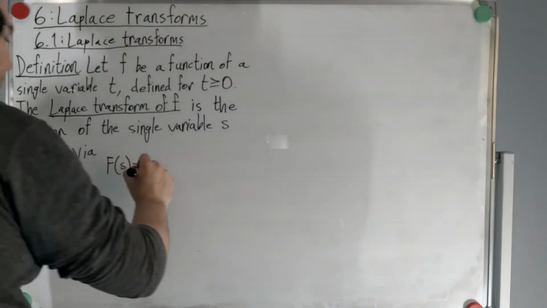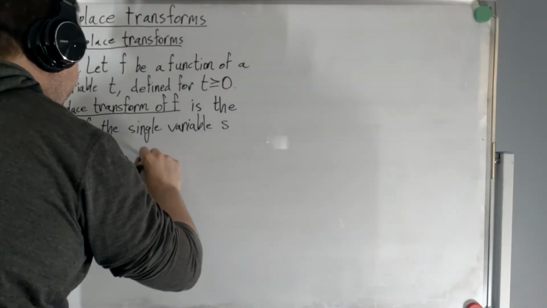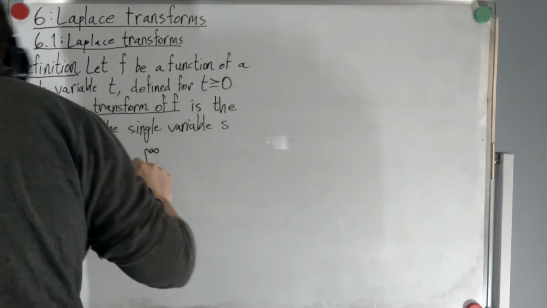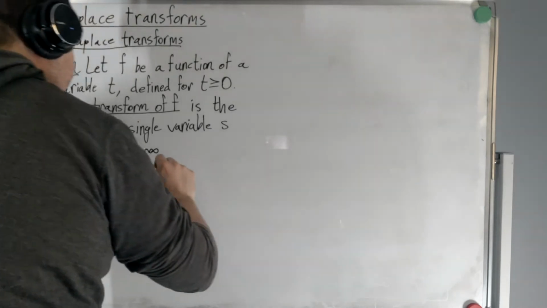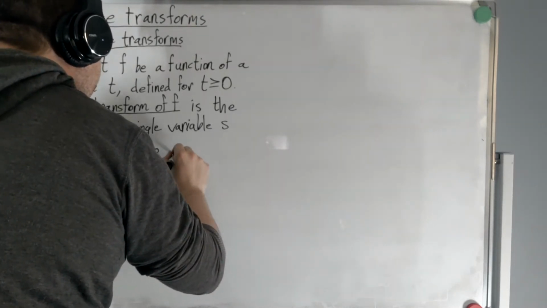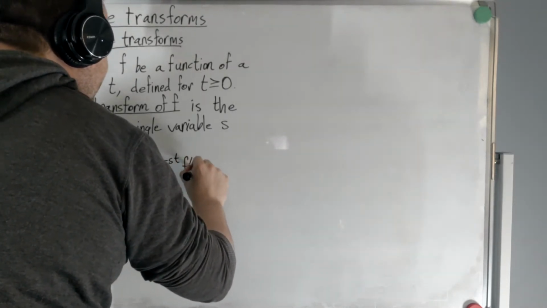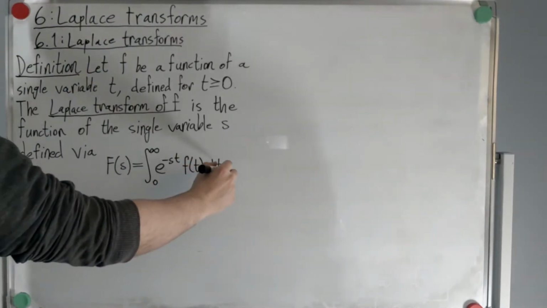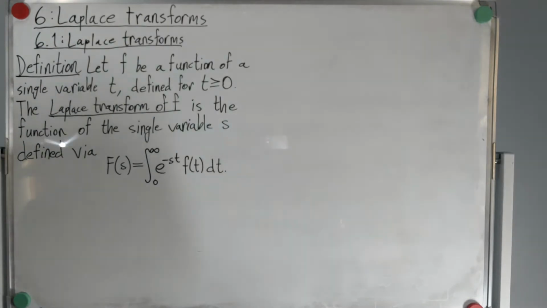This is the improper integral from 0 to infinity of e to the negative st times f of t, integrated with respect to t, where this improper integral converges, that is.